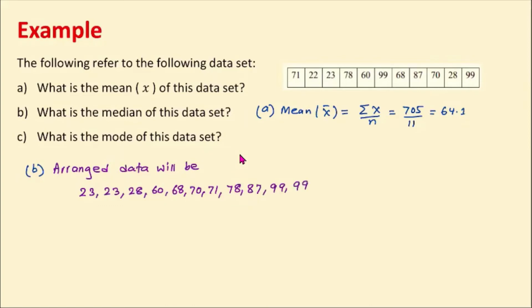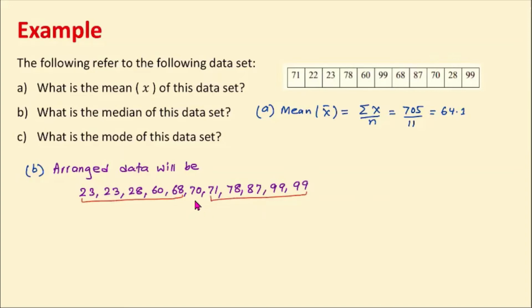So we have 11 data points. If we want to find the median, the middle value, we'll have 5 on each side. So we count 1, 2, 3, 4, 5, up to 68 on one side. Similarly, if you count 5 from the other side, 1, 2, 3, 4, 5. 5 and 5 on the sides.